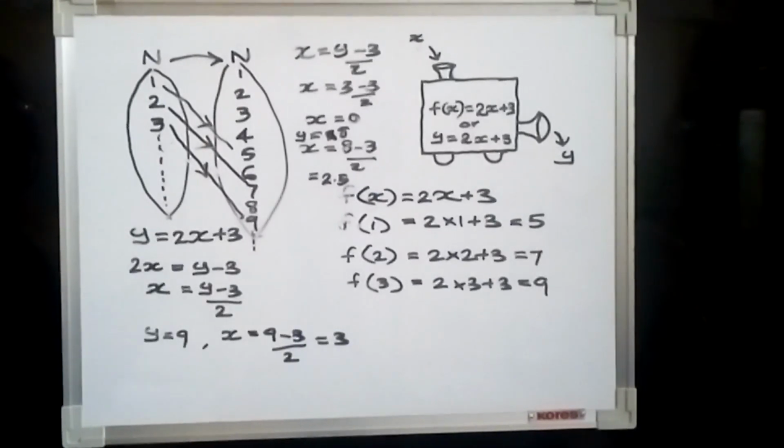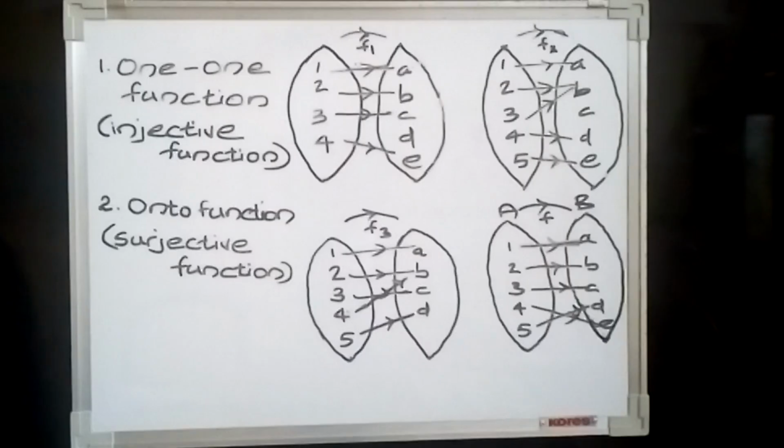We are going to find the conditions for the inverse relation to exist. Thus, we are moving to the main part of our chapter, the 1-1 function and the onto function.